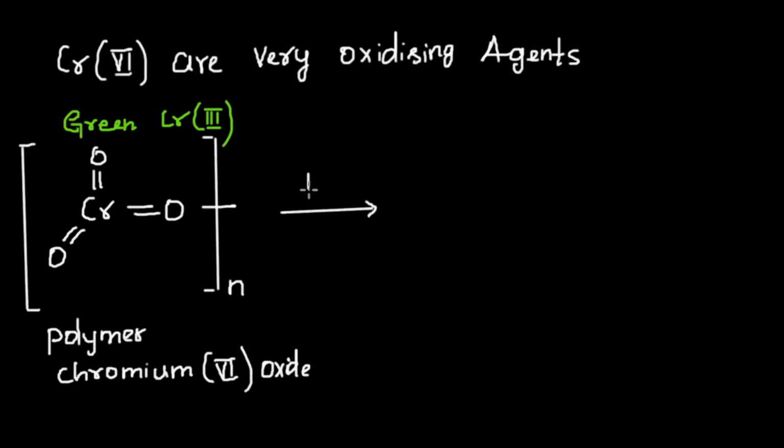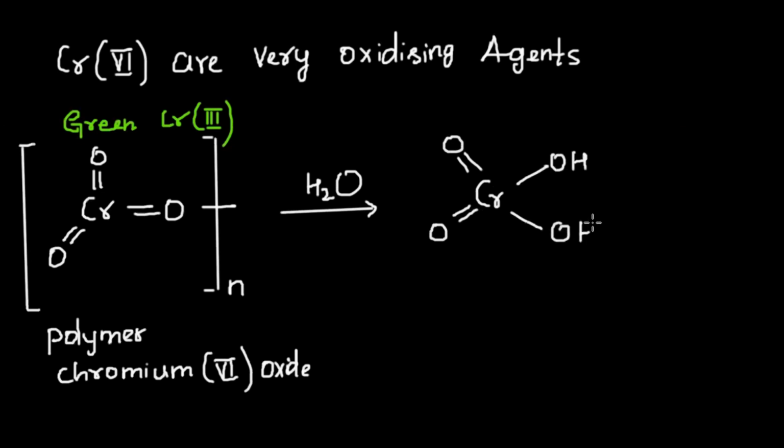It reacts with water and water breaks up the polymer to give you chromic acid. Note that this is also still in its +6 oxidation state. Another very famous chromium 6 oxidizing agent is this one.